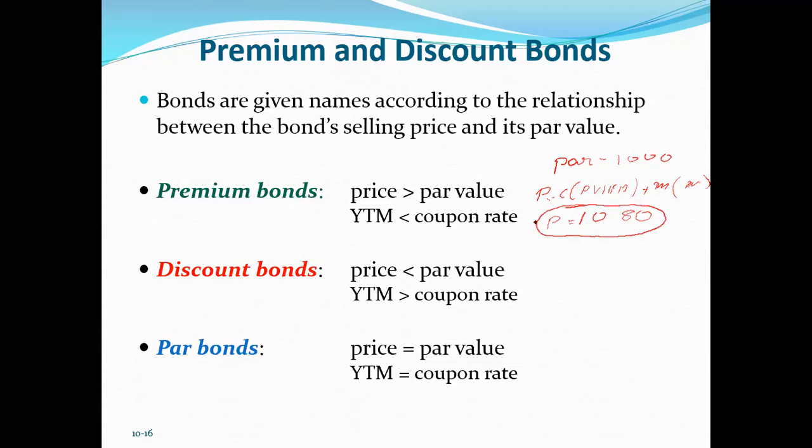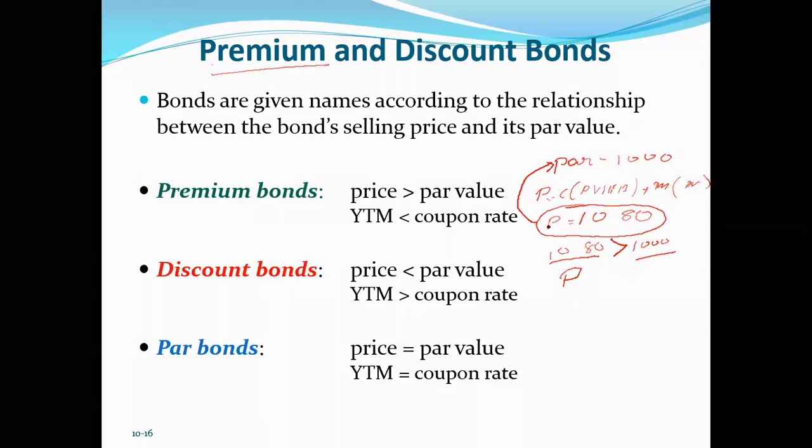When you compare this value with the par value, 1080 is greater than 1000 rupees. So if the price of the bond is greater than the par value of the bond, we can say that the bond is at a premium. So if 1080 is greater than 1000 rupees, the bond is at a premium.